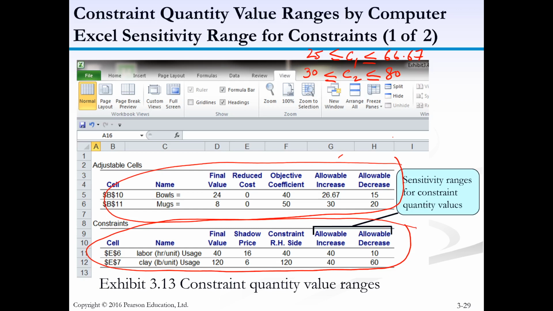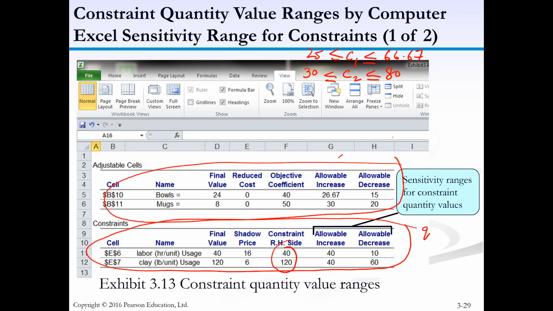In the second table, we have the right hand side quantities. The right hand side quantities are 40 and 120, and the allowable increase and decrease are given. We can see that the allowable increase tells us we can increase from 40 to 80.